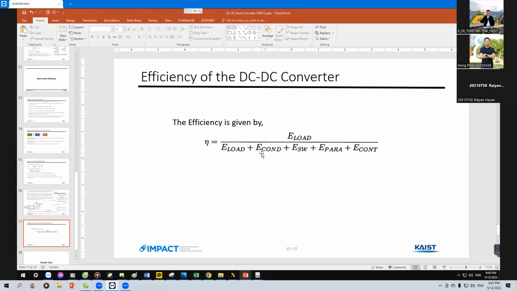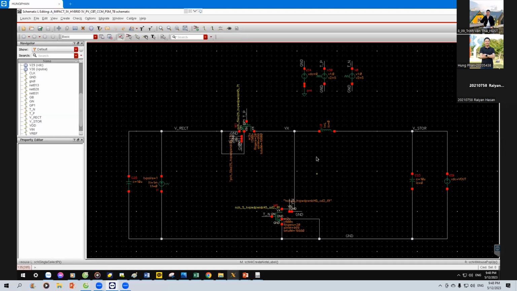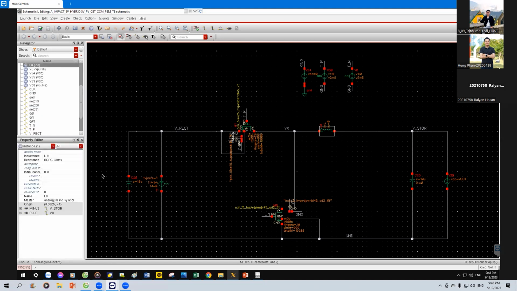You learned it before, right? I think it's the energy loss in the switch. Conduction loss is from the parasitic resistance, for example in the inductor and in the two switches.